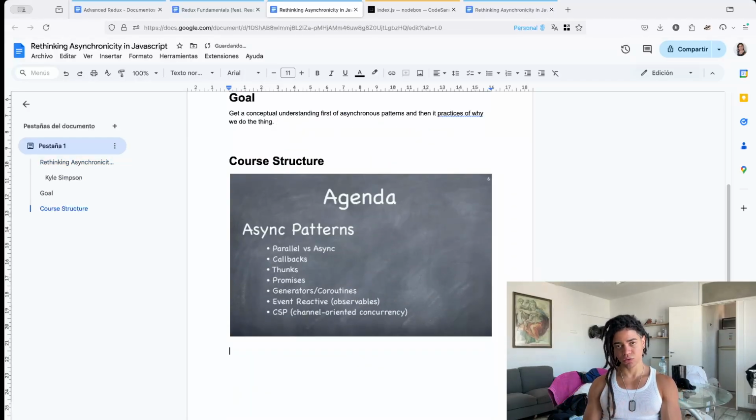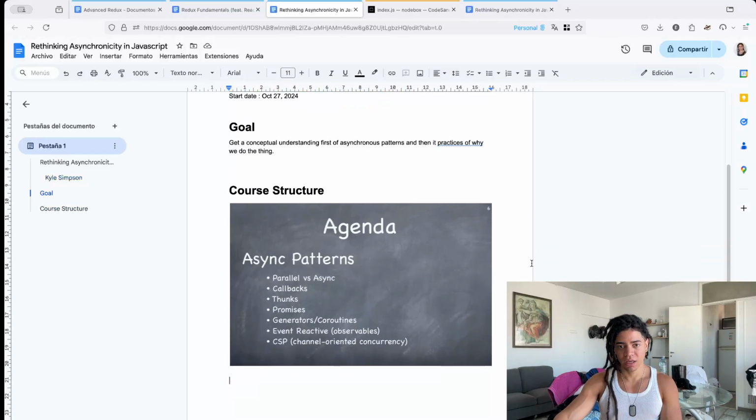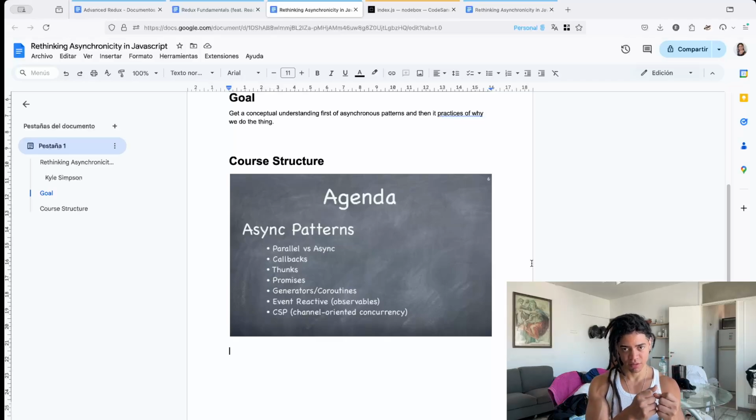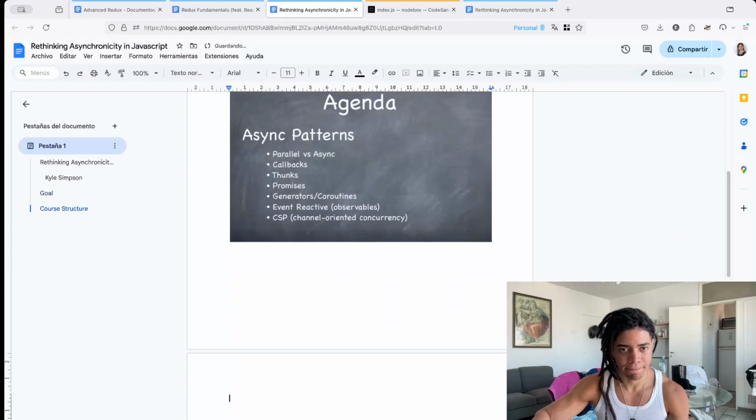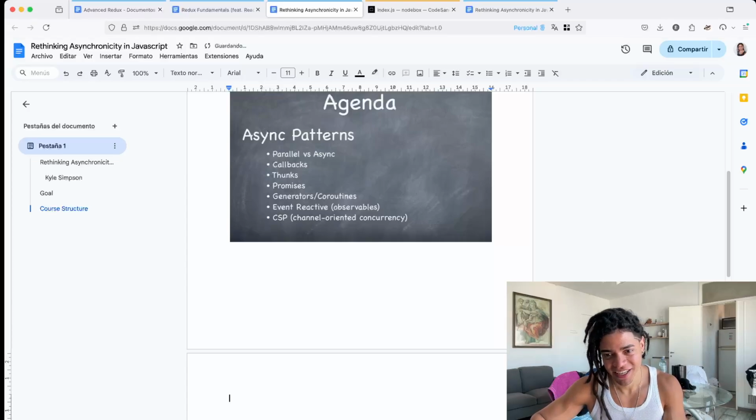Because we need to not only understand these particular patterns and be able to describe them, getting a hands-on approach, but also understand the fundamental concepts, be able to articulate them, and practice why we do the things we do. So we looked at the agenda: the idea of concurrency. What does concurrency mean? A lot of people would think concurrent means two things happening at the same time. Again, it's one of those things, if you squint.